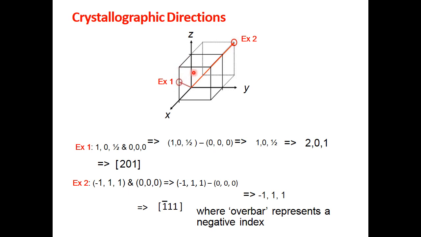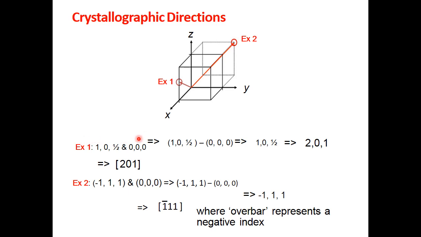Now this point is having a displacement along z axis, half of a cell edge. This point is at the middle of this edge, so you will get 1, 0 and half, x, y, z respectively.